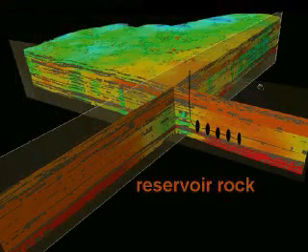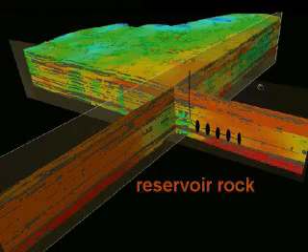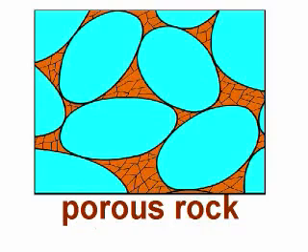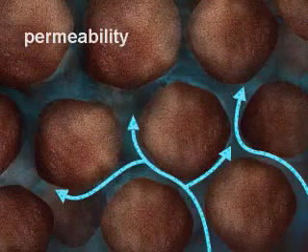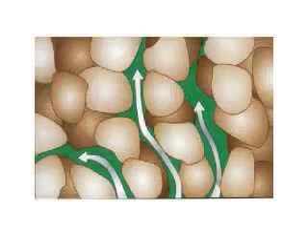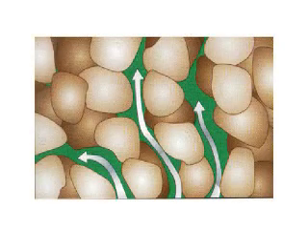Now, in order to be a good reservoir rock, you need the following characteristics. Number 1, porous rock. Rock that is filled with empty space containing fluid. Number 2, permeability. The rock porosity must be connected, channels between the pore spaces for the fluid to flow.